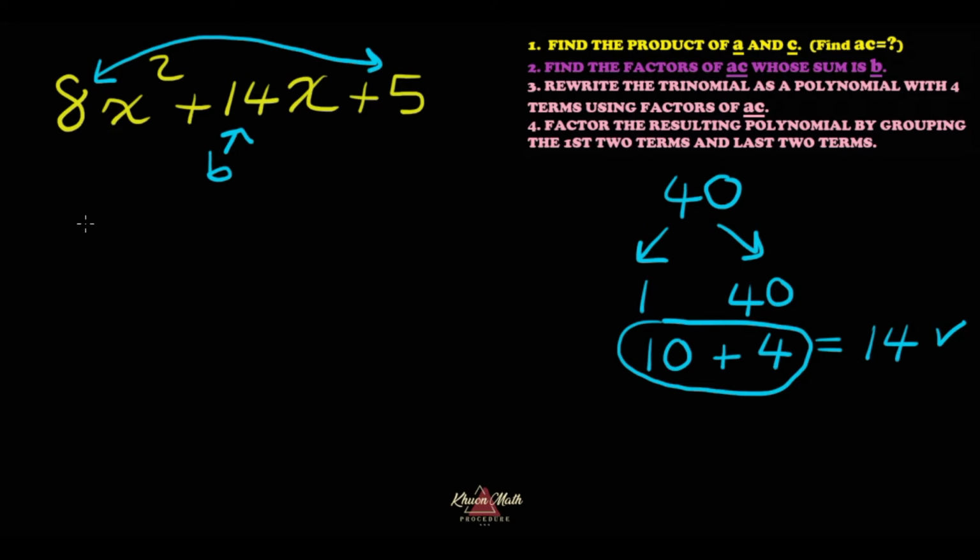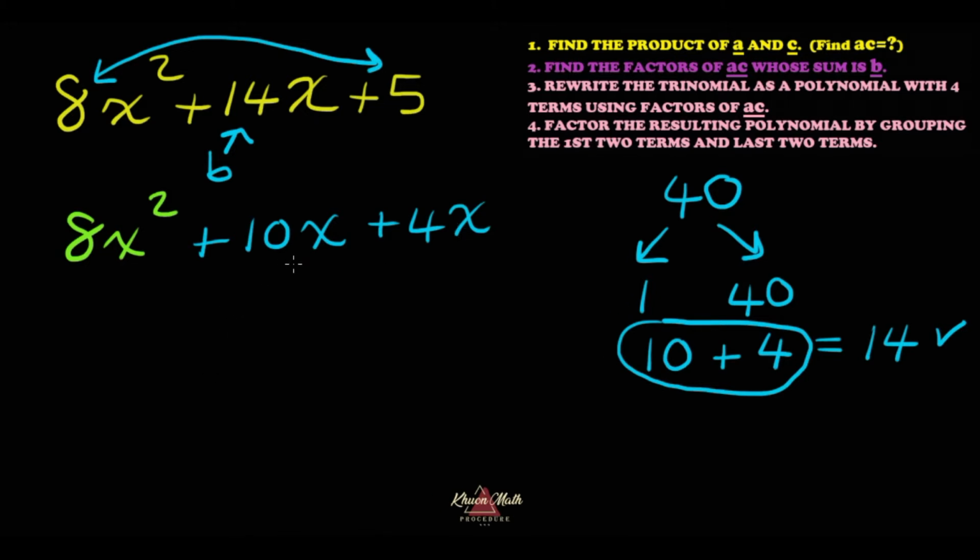So what we're going to do here is bring down the 8x squared. Okay, we're going to replace the 14x with the 10x plus 4x. That's 14x, and it doesn't matter what order you put this in.